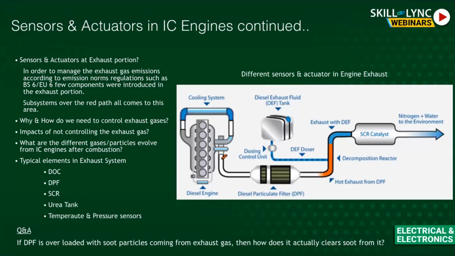So how exactly are they converting this exhaust gas into non-harmful gases? Obviously after burning, there are very harmful gases. As I mentioned at the start, there is a particular filter to filter the smallest particles, which are called soot particles.